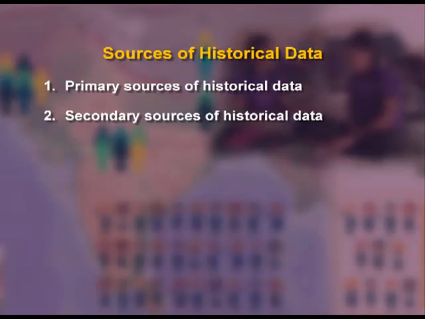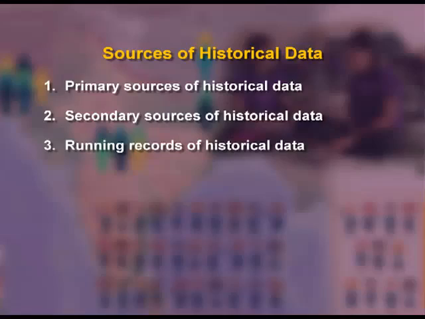Second, secondary sources of historical data. Secondary sources contain useful information, but typically involve an analysis of primary source materials. Books and magazines are common examples of secondary sources.